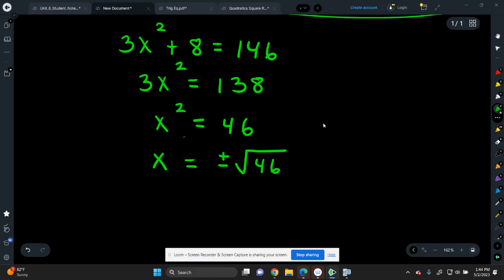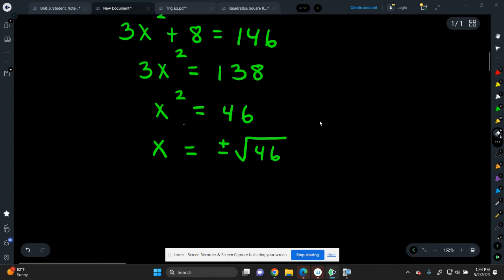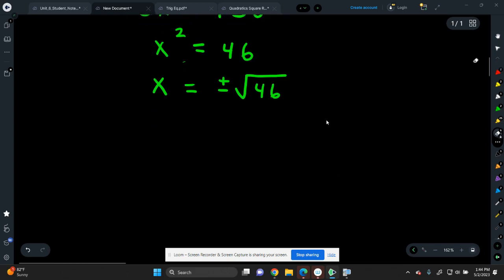So can we simplify that anymore? Say 2 times 23, and that's not going to do anything. It's the answer. So that's it. Yeah. Okay?